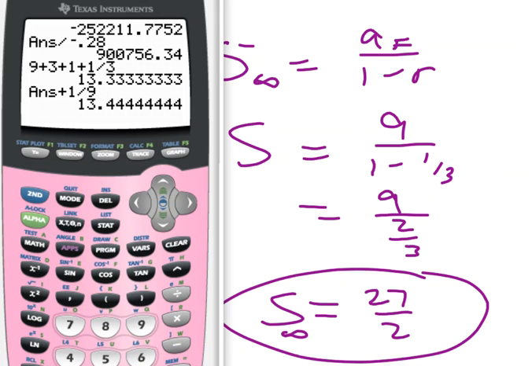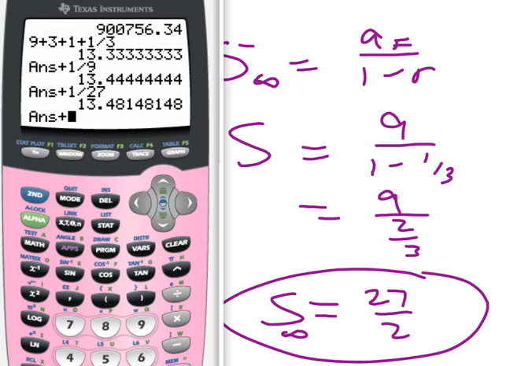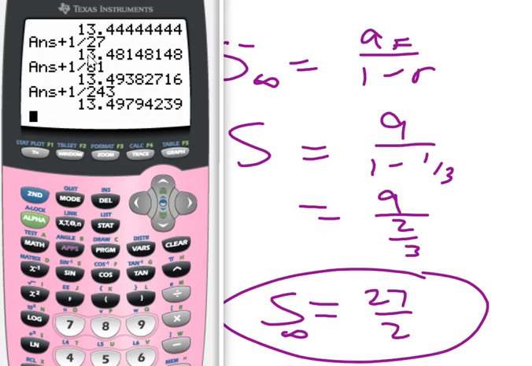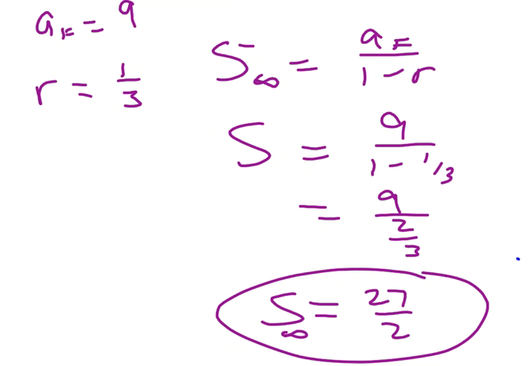Plus 1/9 plus 1/27 plus 1 over 81 plus 1 over 243. And you see how while I'm increasing by a smaller amount, you can see us approaching that value.